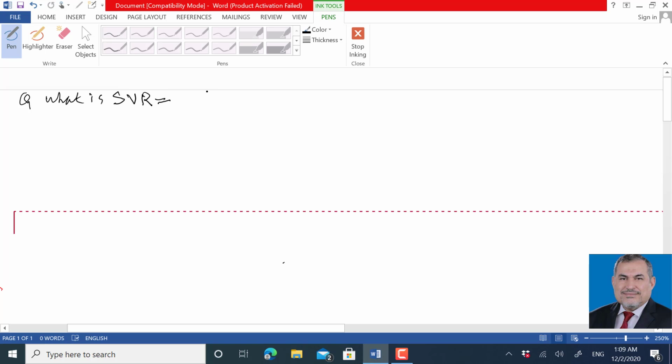We use Ohm's equation, or Ohm's law. Resistance equals delta pressure over flow. Delta means the difference between blood pressure minus central venous pressure, over cardiac output, multiplied by 80.